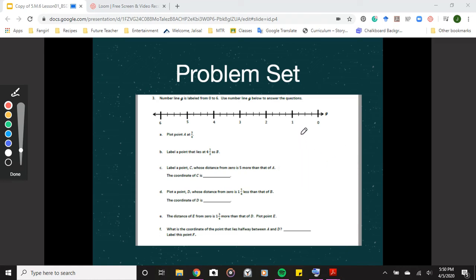All right. So 4 1/2 minus 1 1/4. Now we know that when we're subtracting and adding, our denominators need to be the same. Our denominators are not the same when we're looking at 4 1/2 and 1 1/4. So what we can do is create an equivalent fraction.